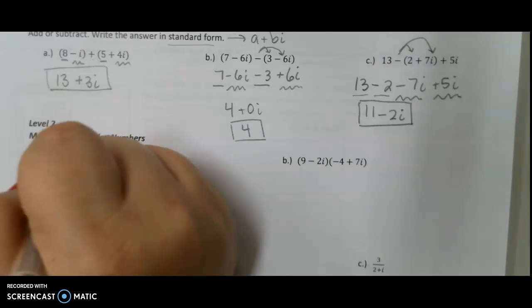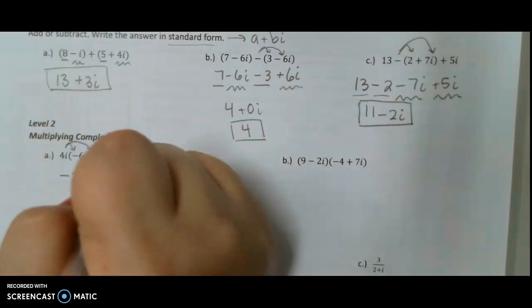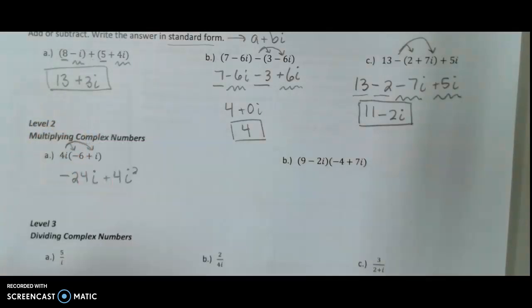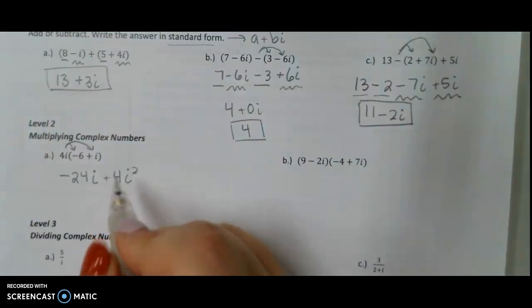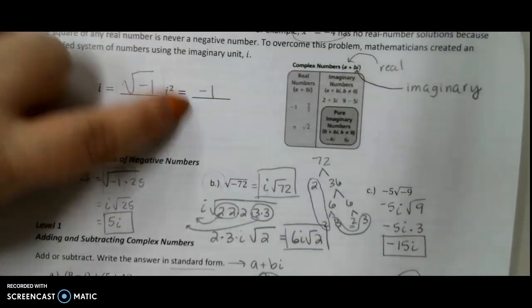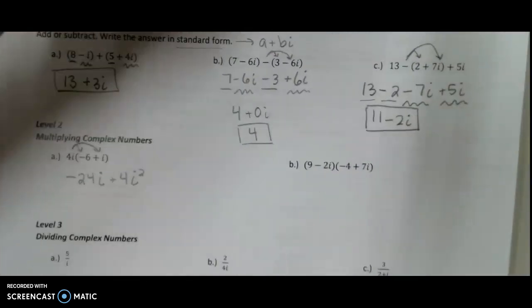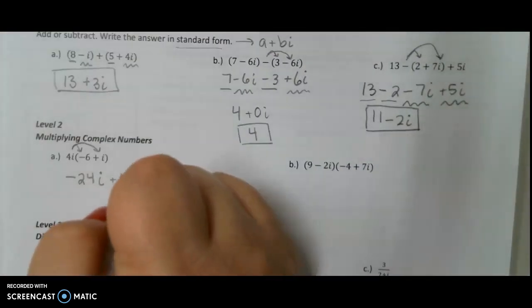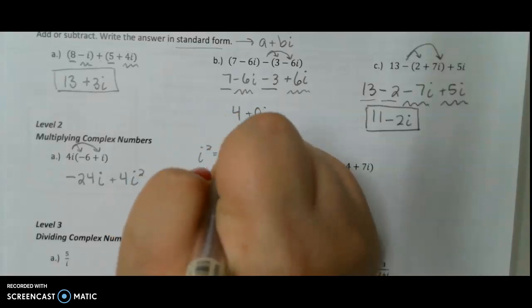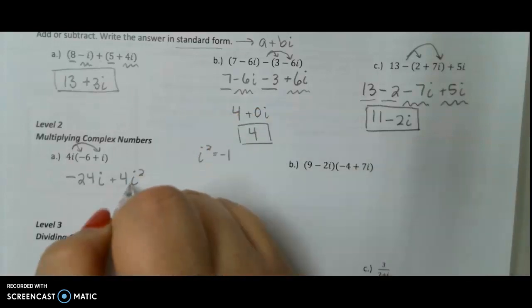And then 4i times i gives us plus 4i squared. It is not proper to keep i squared here. So on the paper above, we said i squared is equal to negative 1.